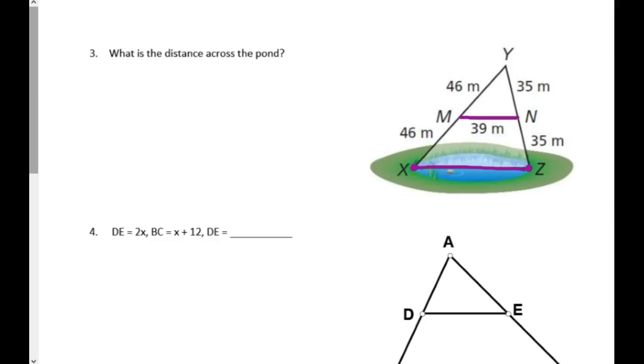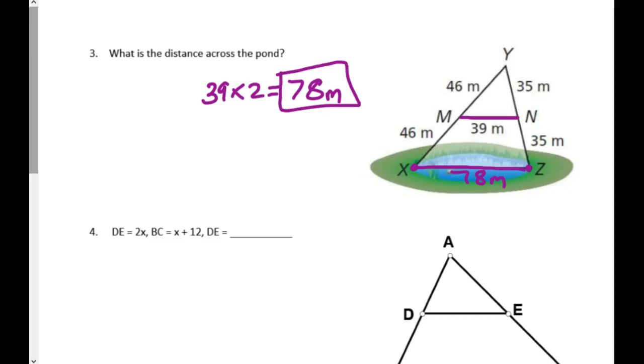This one's kind of working backwards. I'm going to need to multiply it by 2. So instead of dividing by 2 to go from big to small, now I'm going from the small mid-segment to the parallel side. I'm going to have to multiply by 2. So 39 times 2 is 78. Okay? So the distance across the pond from X to Z is 78 meters.